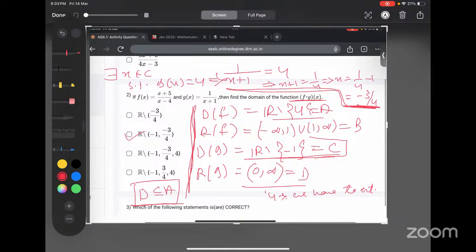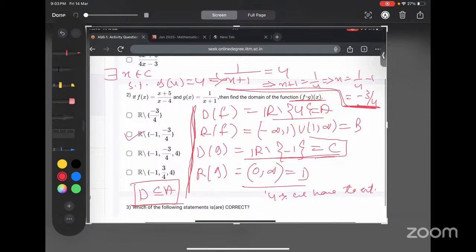Yes, but how will I understand that it should be 4 only? What do we need? D to be a subset of A, right? What is D? 0 to infinity, and A is real numbers minus 4. That means 4 is not in A, but 4 is in D. Except 4, all other points of D are in A, right?